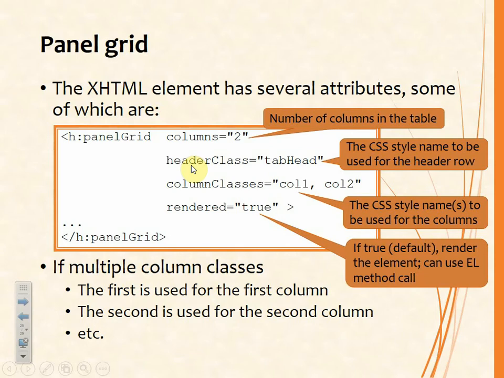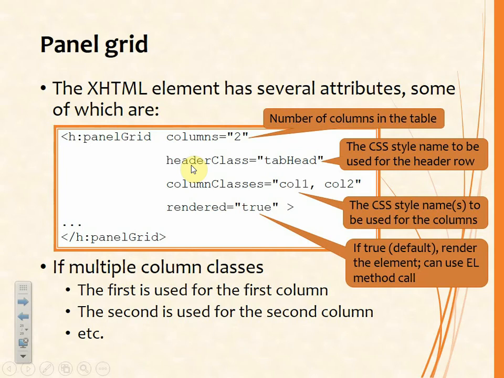If you only specify one column class, then that is the name of the style that will be used for every single column in your table. If you specify more than one, then they will be used in rotation. Here we've got 2 columns defined and 2 column classes. So the first style will be used for the first column, the second style for the second column.